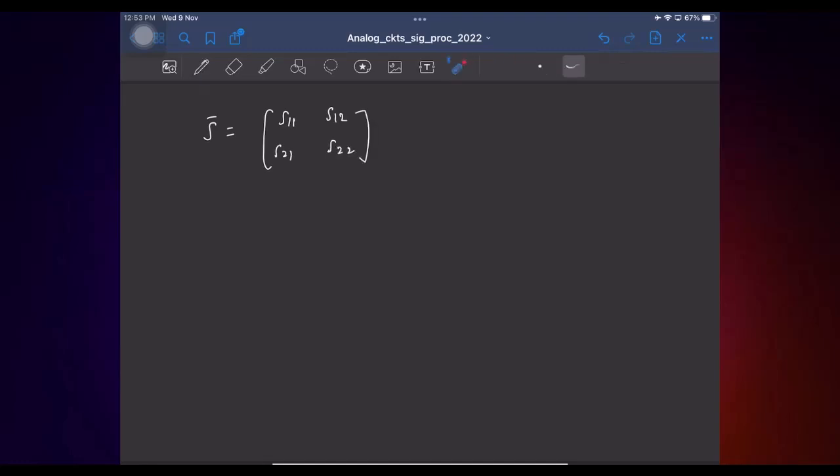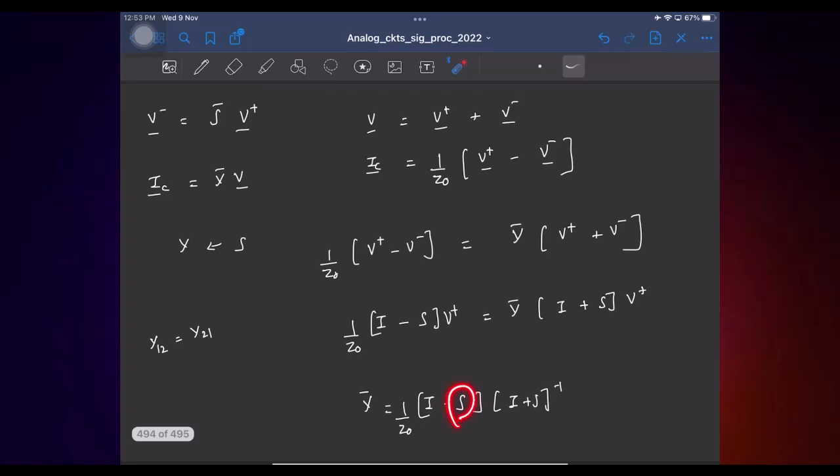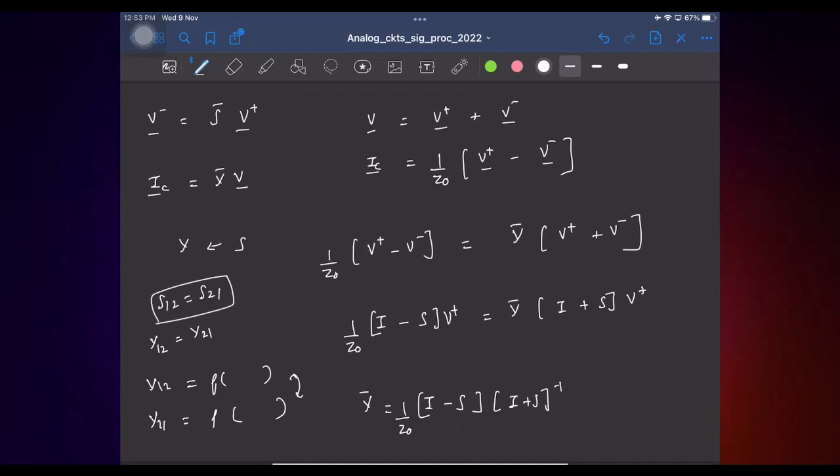Use this and substitute for S. Try to find Y12 in terms of S parameters, Y21 in terms of the S parameters, and basically these two are equal. So you can find that these two are also equal.